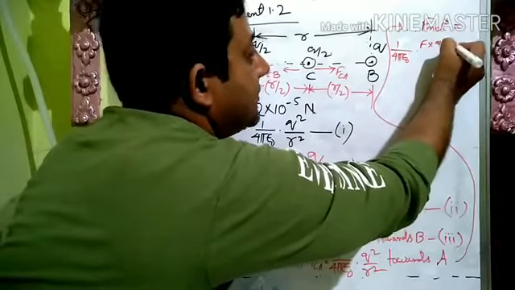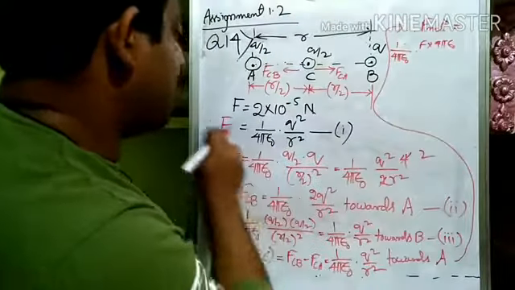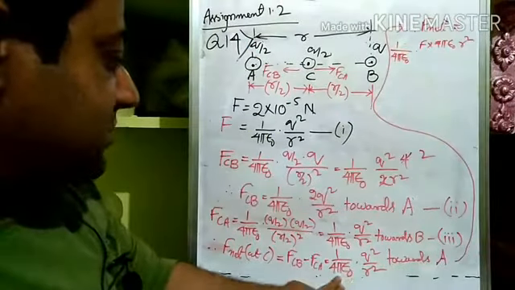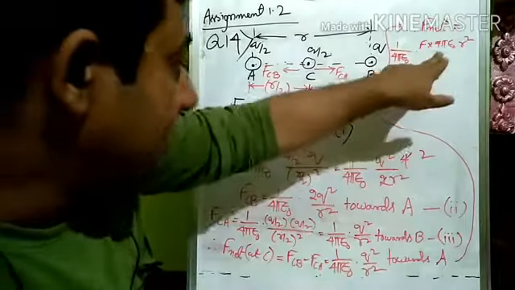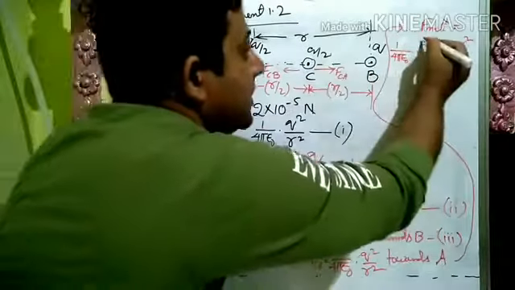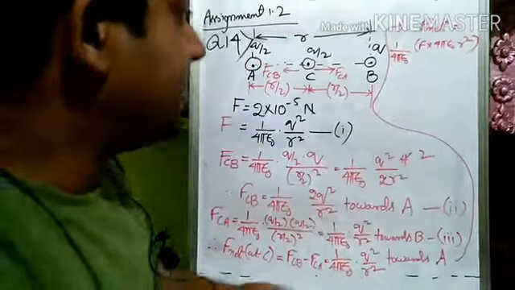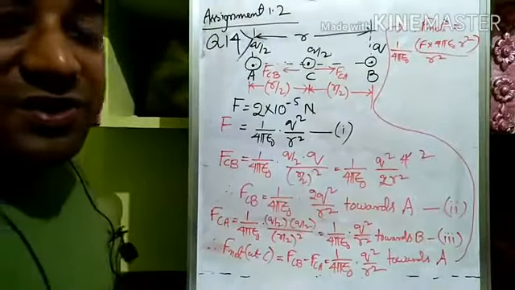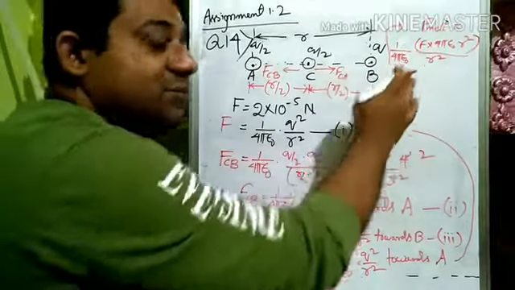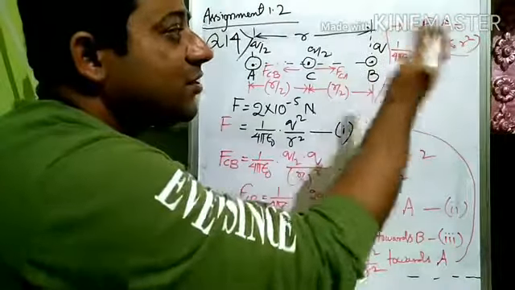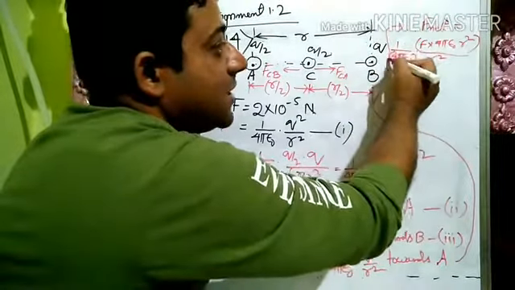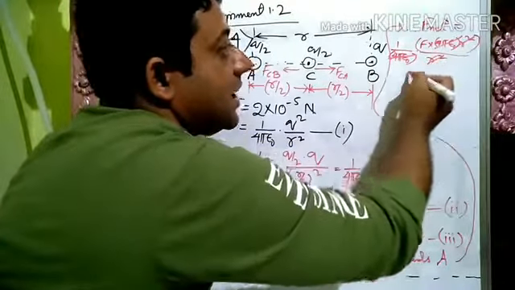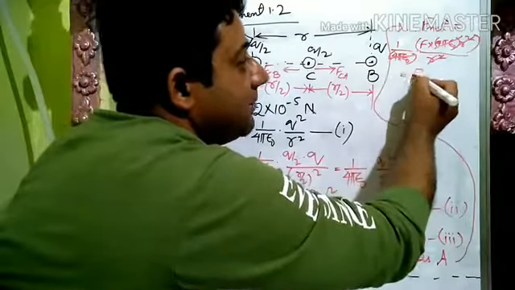So this is 1 by 4 pi epsilon naught Q square, this much is Q square, divided by R square. See, numericals should be done this way, the calculation will be done finally. That's why we need not do so many calculations. Here, 4 pi epsilon naught got cancelled with this 4 pi epsilon naught, R square got cancelled with the R square. So F net is equal to simply F, it remained.